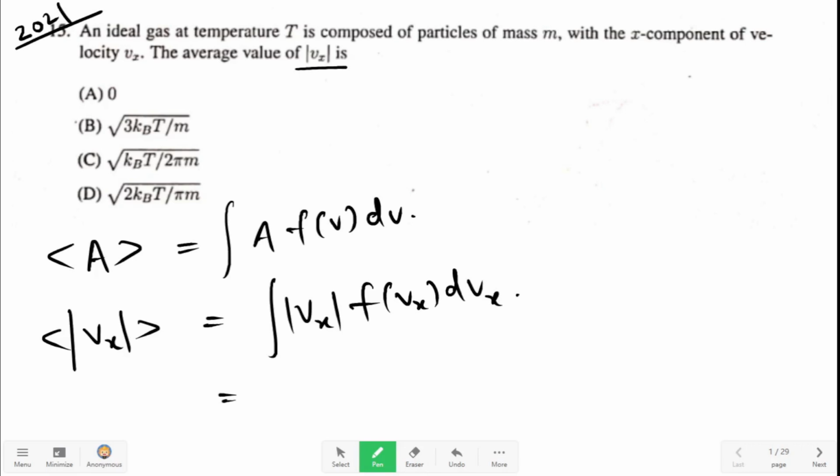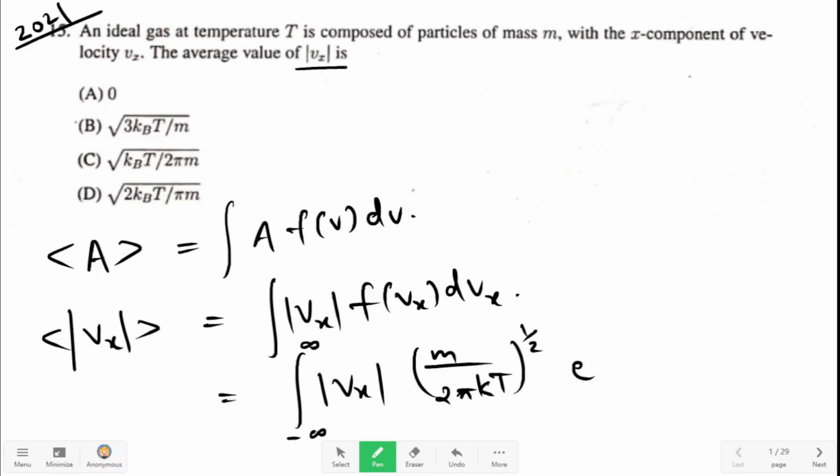This is equal to integral of modulus of Vx, from minus infinity to plus infinity, m by 2 pi kT the whole raised to 1 by 2, e raised to minus half m Vx square upon kT, dVx. This is the form of the Maxwell distribution function in 1D Cartesian in velocity space.